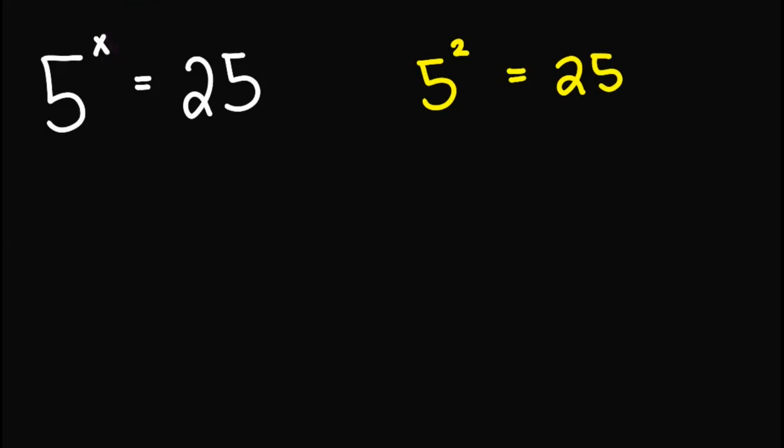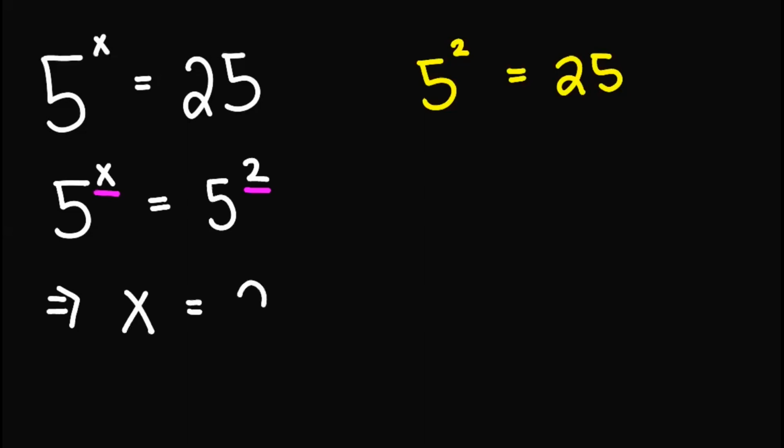To formally show the solution, we write here 5 raised to x, and on the right side, we express 25 as 5 squared. Since we have the same base, the exponents out here must also be the same. So x must be equal to 2. And indeed, x is equal to 2.